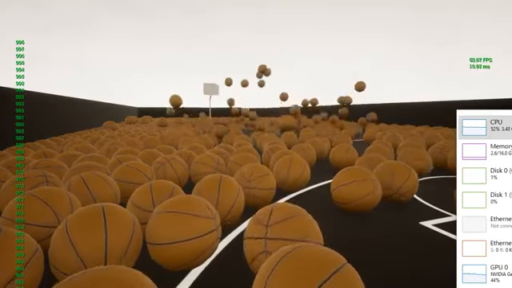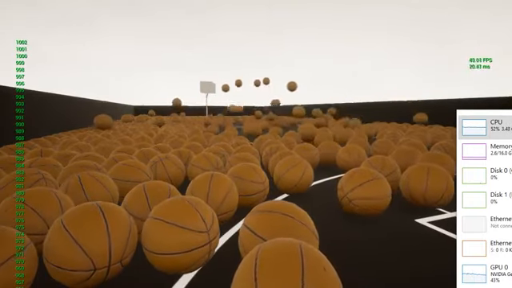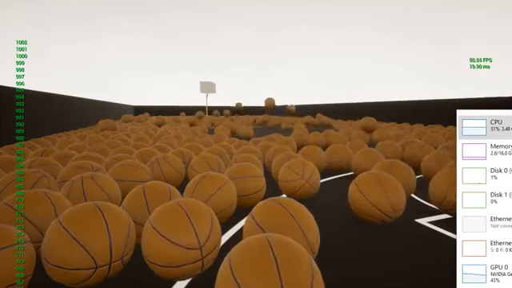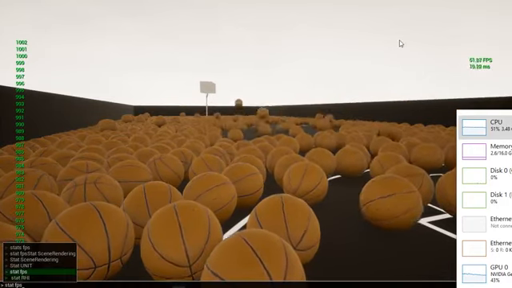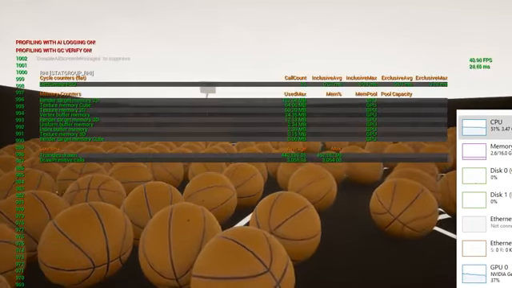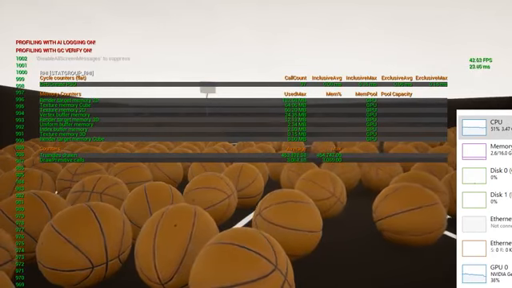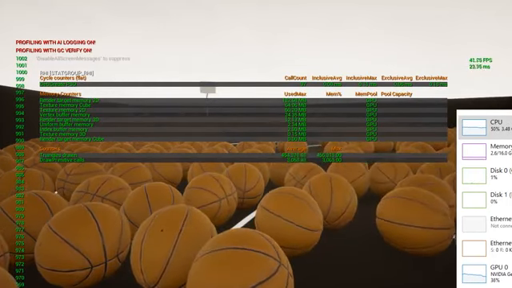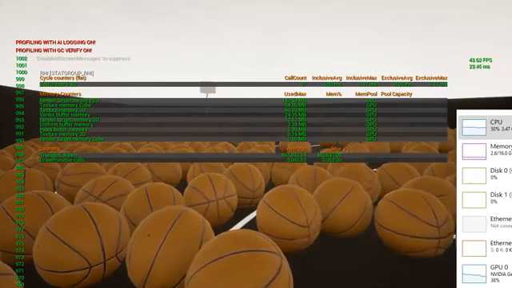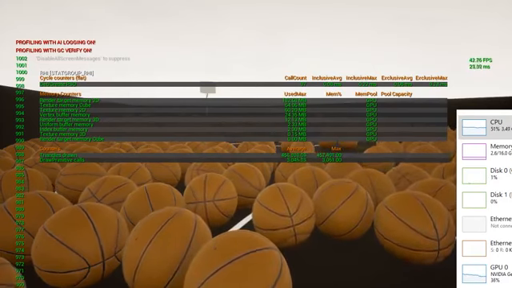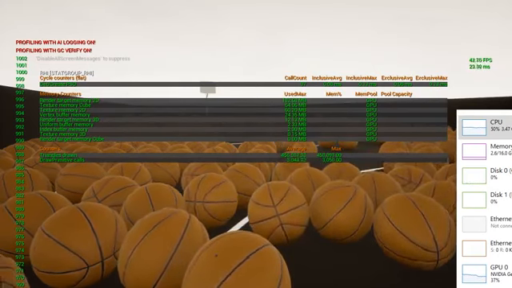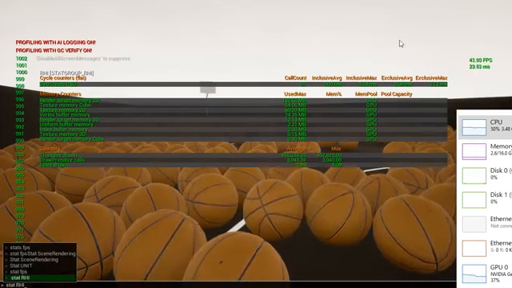Okay, let's stop at 1,000. We're almost there. 1,002, and we're still at 50. Really amazing. Let's check out our triangles. Not bad. For 1,000 basketballs, we're at about 500,000 triangles being processed, which is pretty incredible.